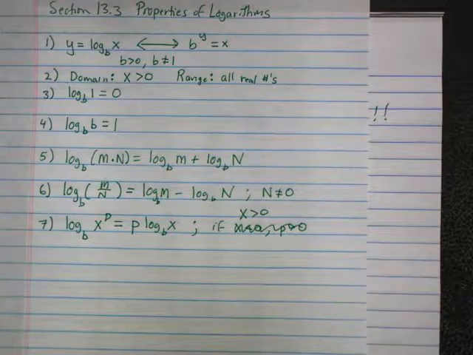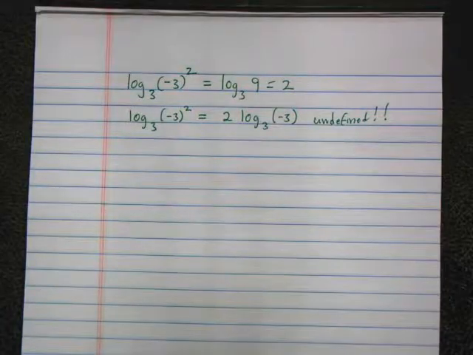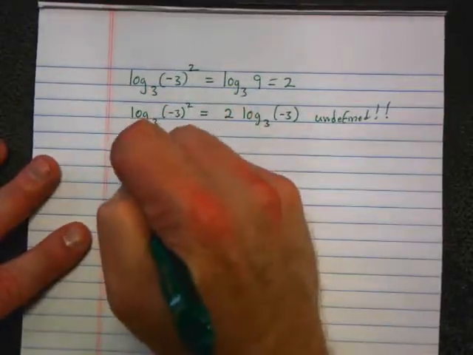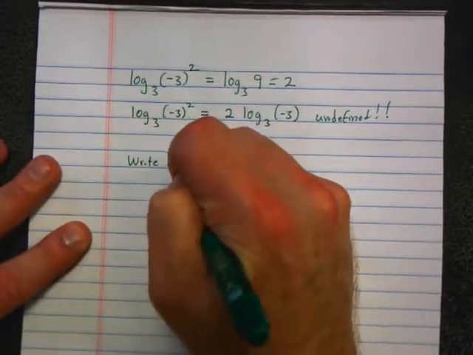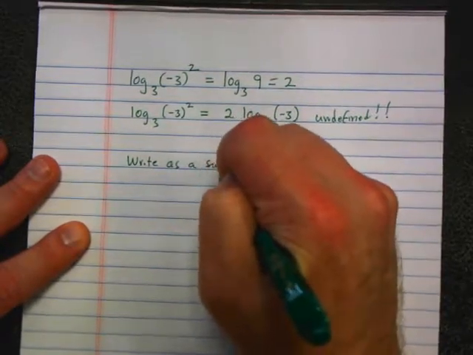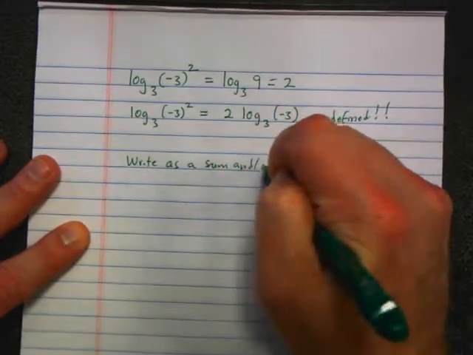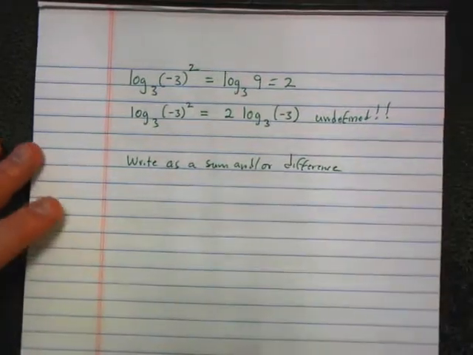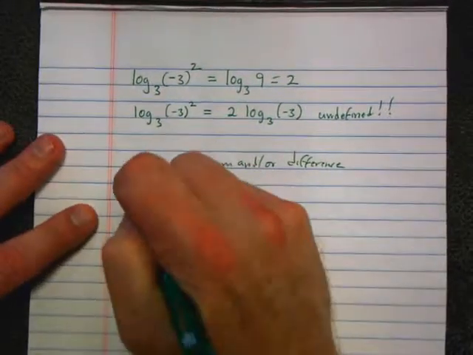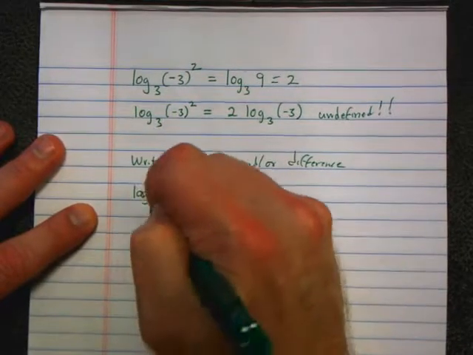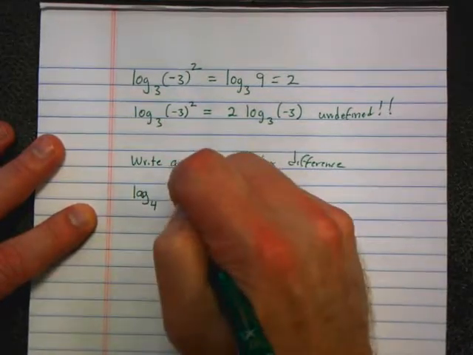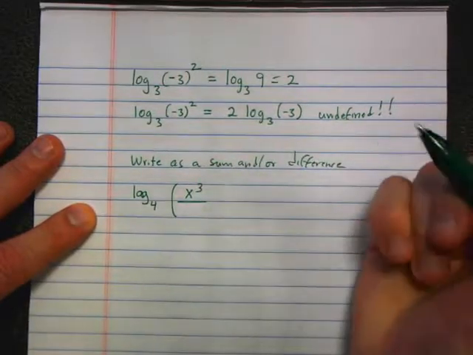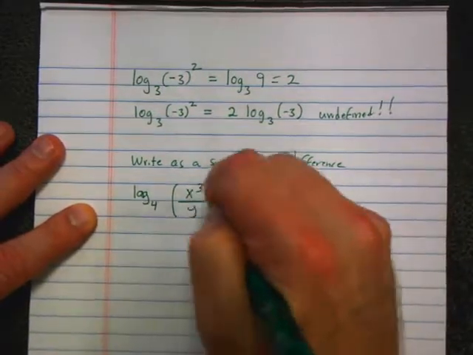Alright, so write as a sum and or difference again. Same directions. But now I'm going to give you log base 4 of x cubed over y.